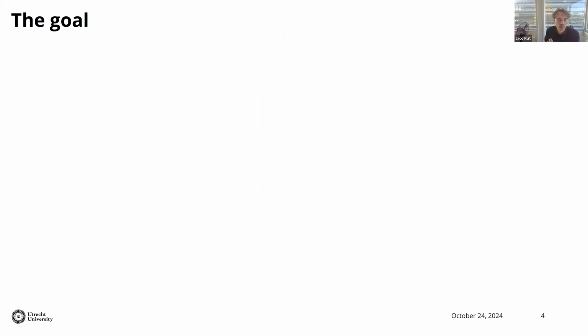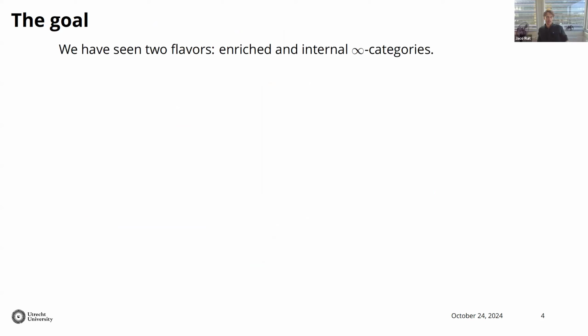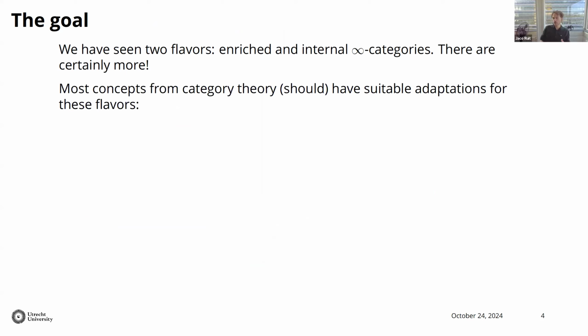All right, so now we come to the goal of this talk. We have seen these two flavors, namely the enriched and internal infinity categories. And I want to say there are definitely more, but the point is that most concepts of category theory should have suitable adaptations for these flavors.